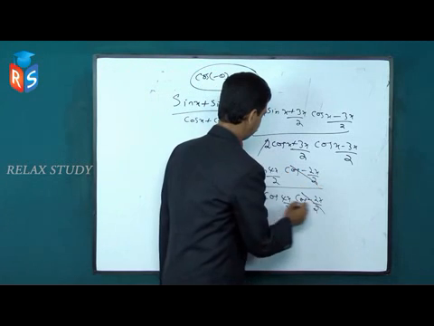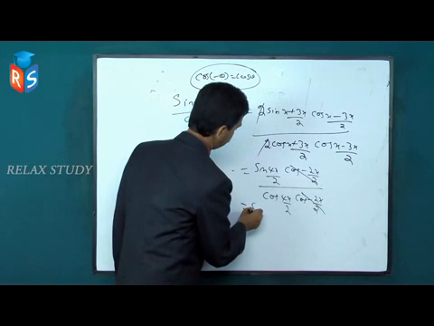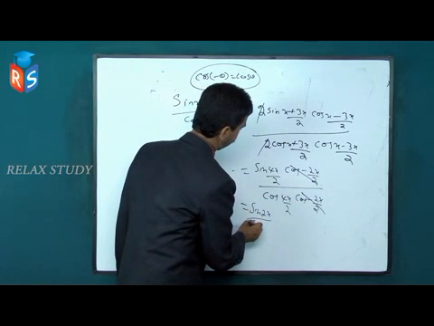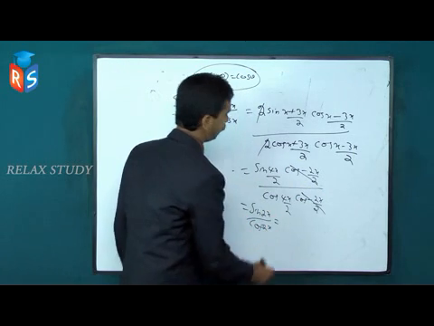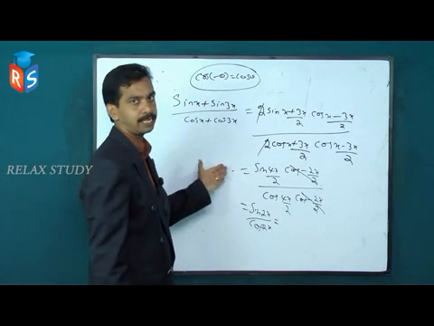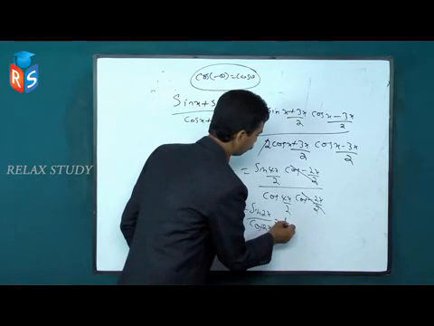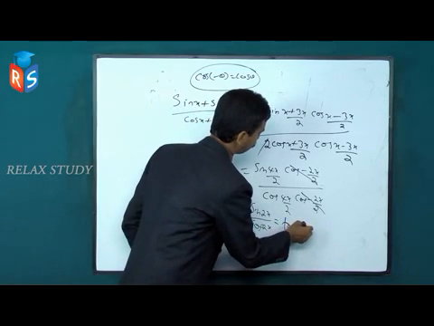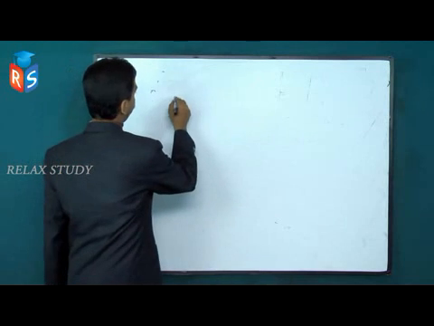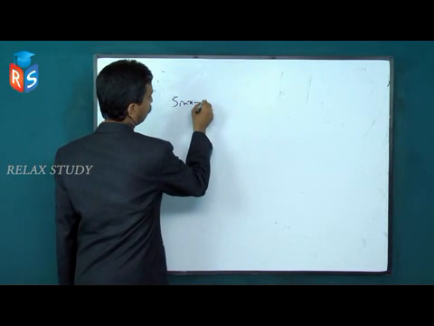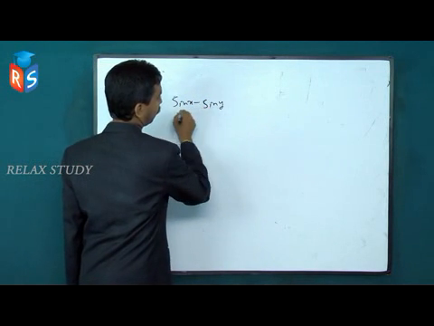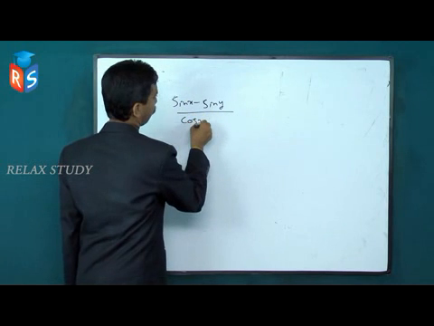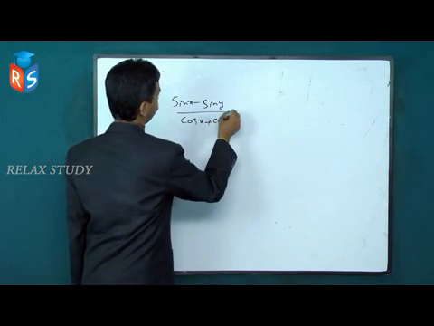So cancelling this, we get sin 2x by cos 2x. We have studied sin θ by cos θ equals tan θ. So the answer is tan 2x. Next, find the value of (sin x − sin y)/(cos x + cos y).